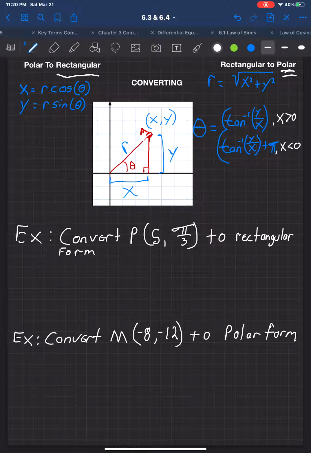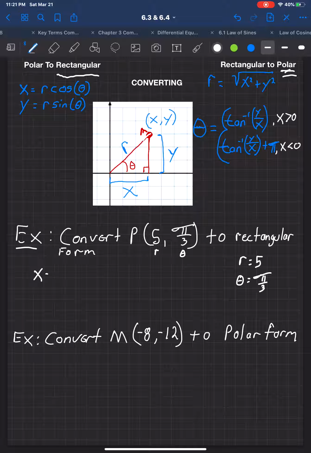So let's start there. For the first example, we're asked to go from polar to rectangular. Let's go ahead and do that right now. In this case, we have an r value, and here's our theta. So r is equal to 5 for this, and theta is equal to pi over 3. Ready?